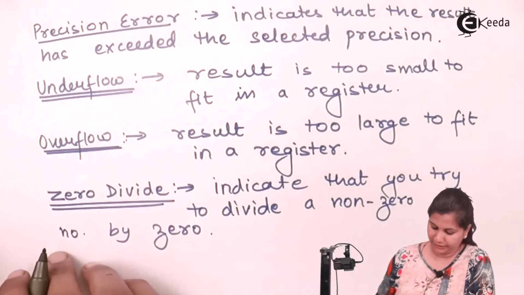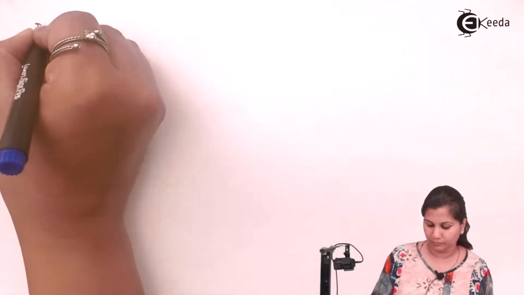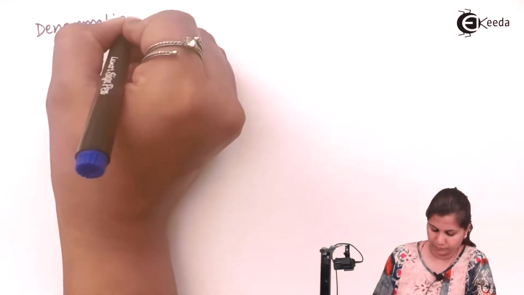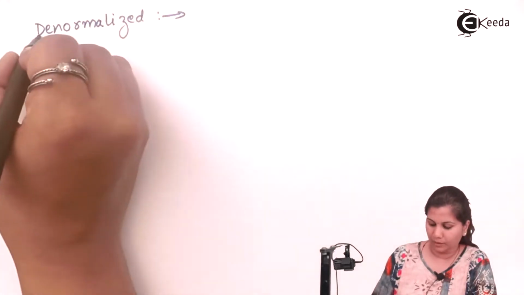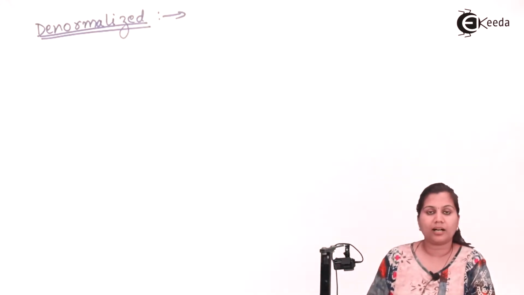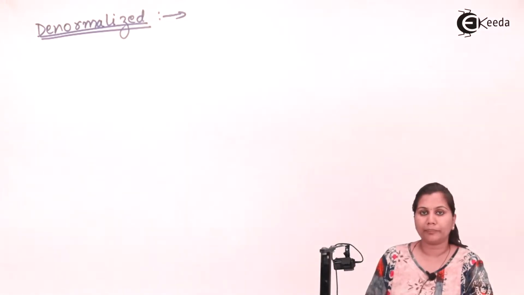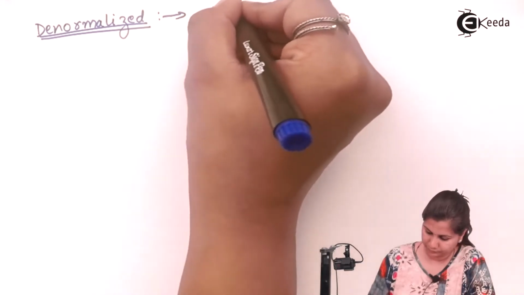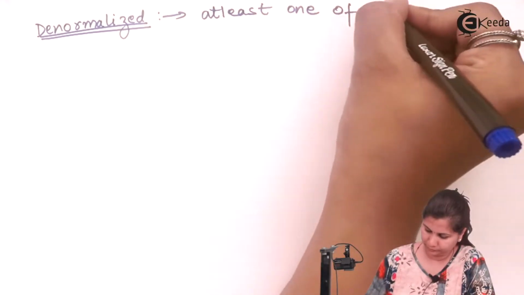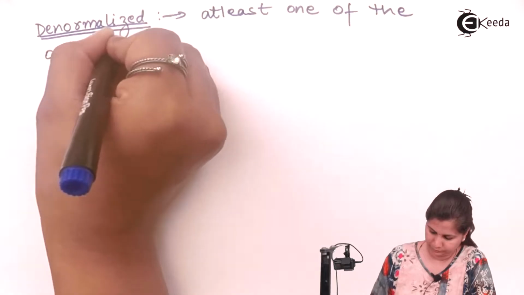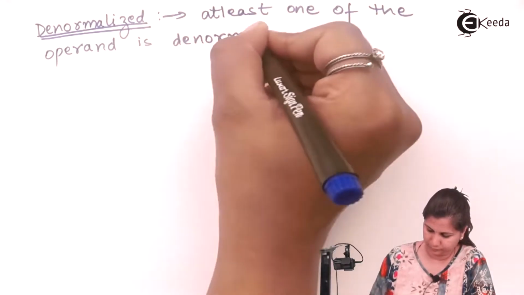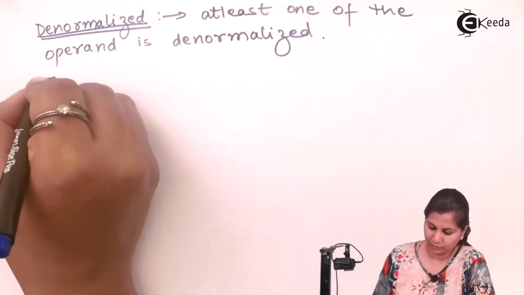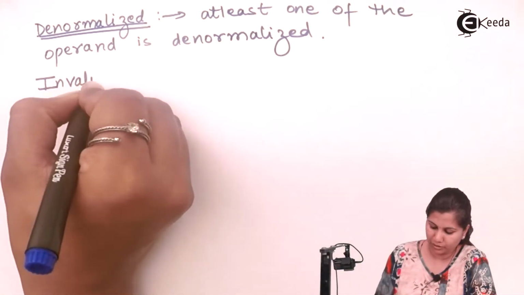After that, we are having denormalized. Denormalized error occurs whenever any one of the operands is denormalized. Okay. Then we are having invalid error or invalid operation.